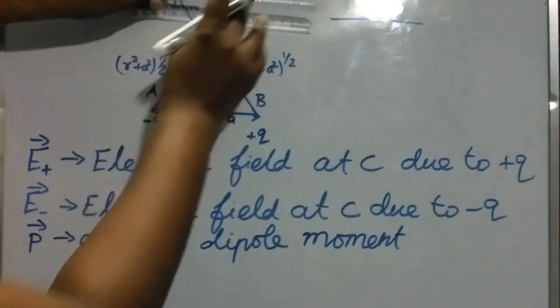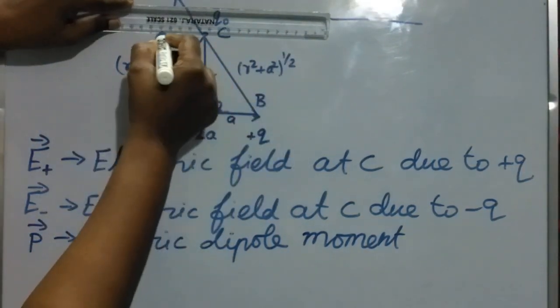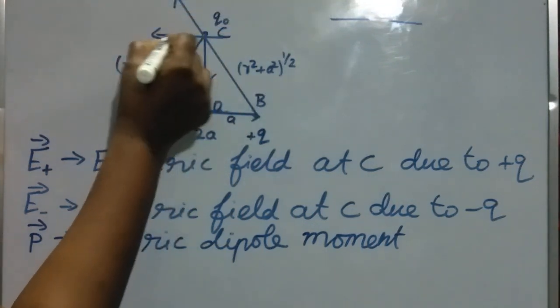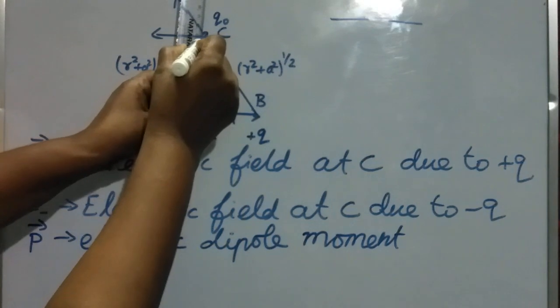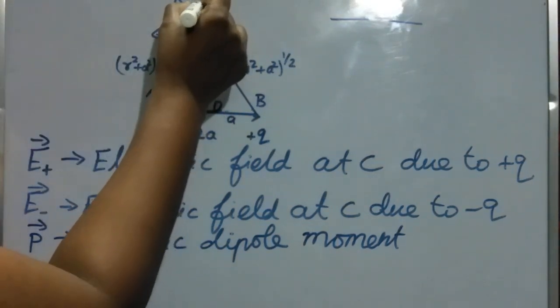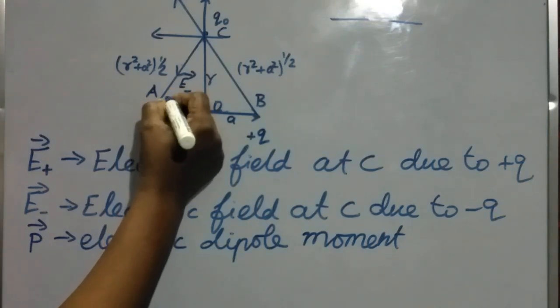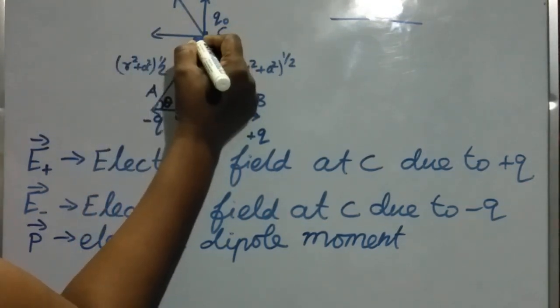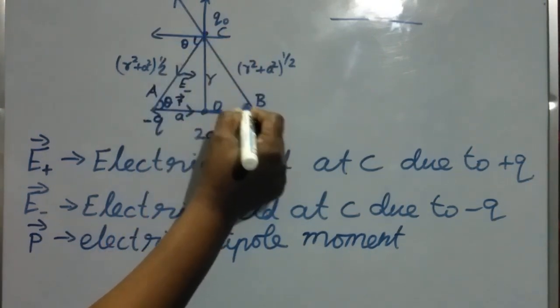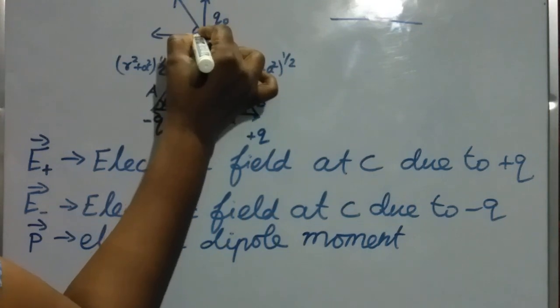One component is parallel to AB, and another one is perpendicular to AB. Here this angle is theta. The angle between E minus and this line is theta. Here also this angle is theta. The angle between E plus and this line is theta.